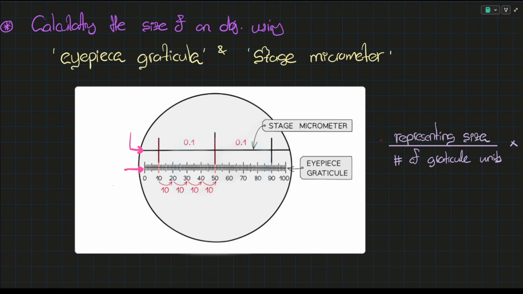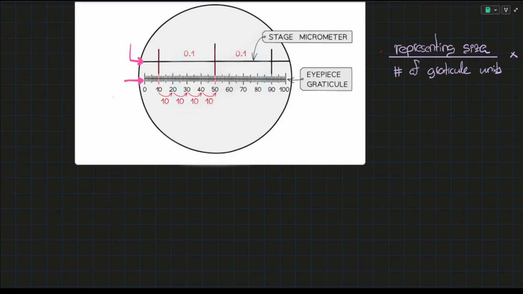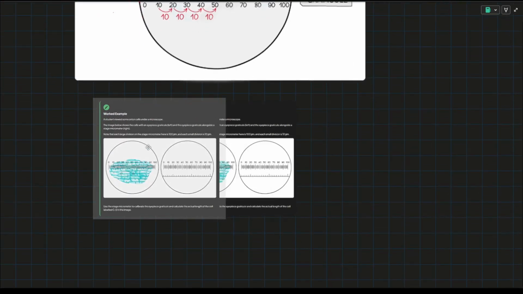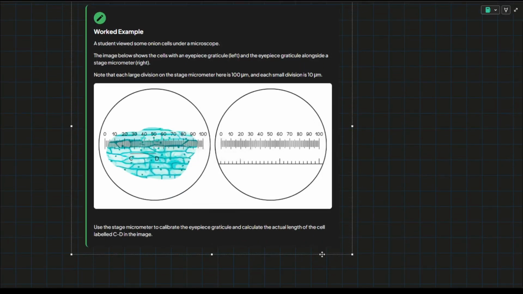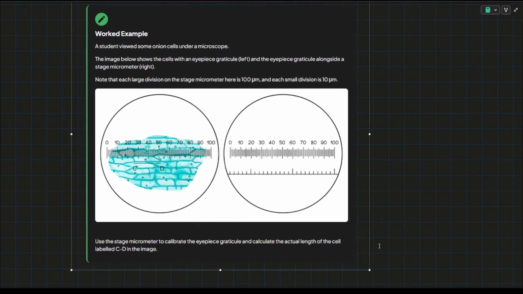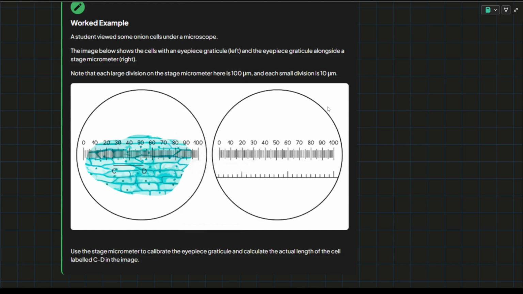I'm going to bring up a question right here, and we will go through this and try to clarify and complete it. So a student is viewing some onion cells under a microscope. The image below shows the cells with an eyepiece graticule on the left and a stage micrometer on the right.